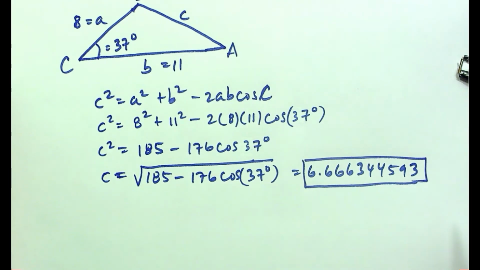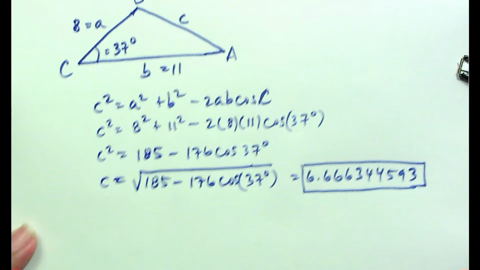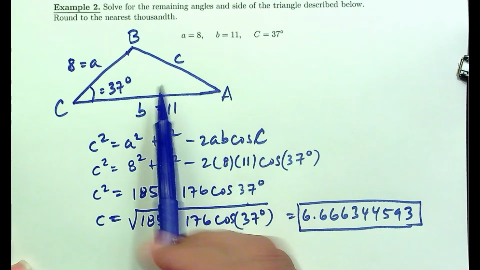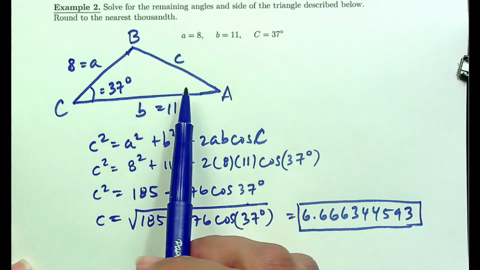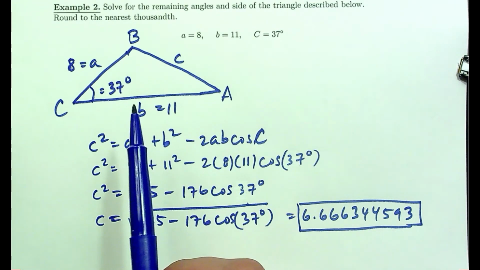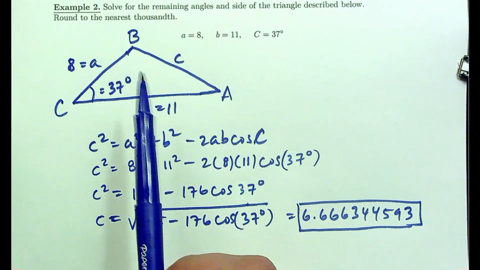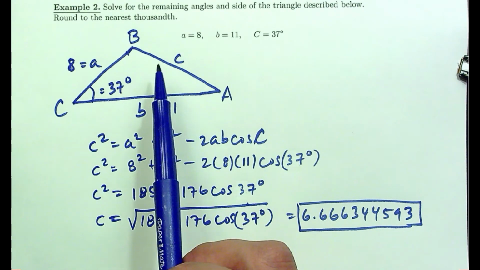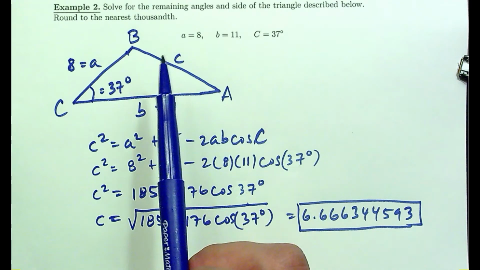Okay, now let's do it again to find another angle. So now we have little c. Do it again to find another angle, or if you like, you may use the law of sines right now to figure out either of the angles. You may do that if you want.